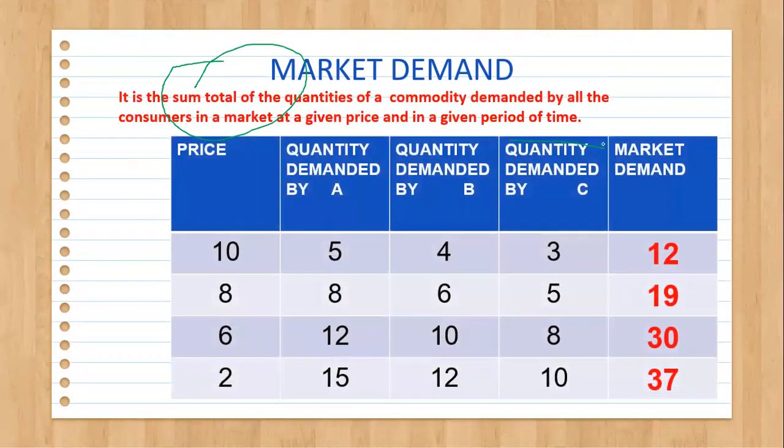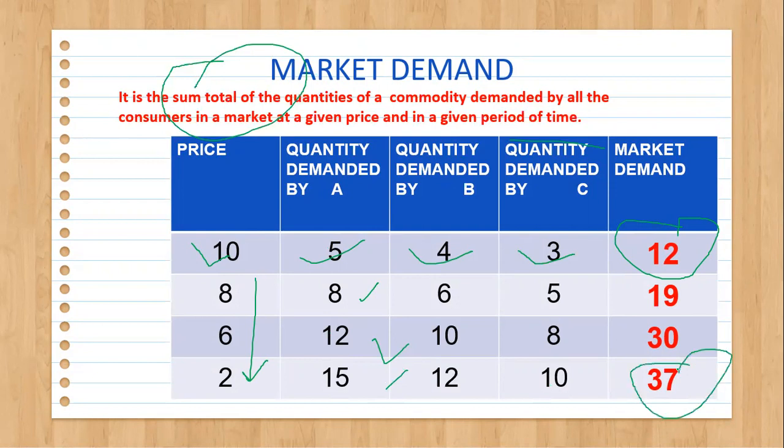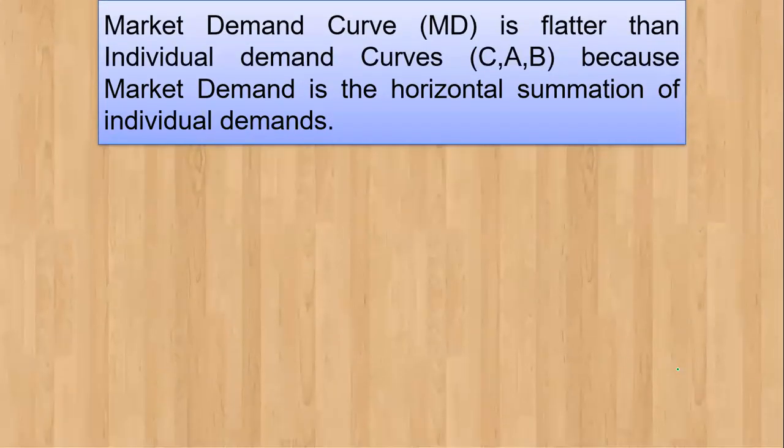So this is the market demand schedule, which means at price 10, A wants 5 units, B wants 4, C wants 3 units. Their sum becomes how many? 12. But as and when the price reduces, their individual demands keep on rising. The market demand is nothing but the horizontal summation of individual demand.